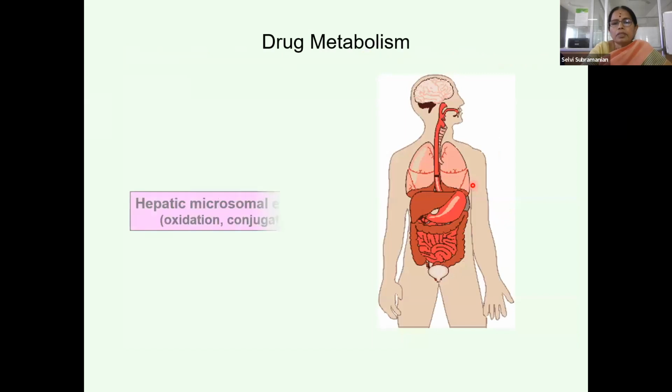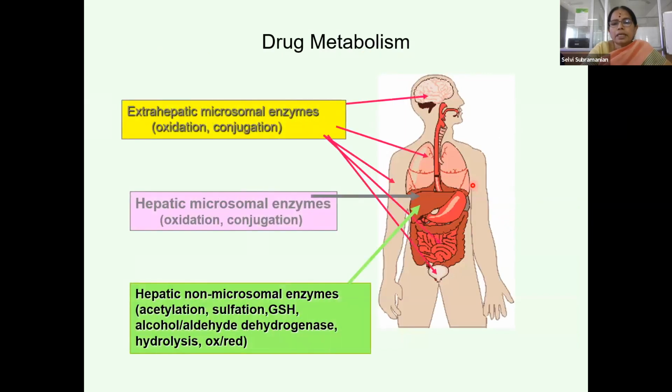So, drug metabolism. The drug metabolizers are present in various parts of the body. They are nothing but enzymes. These enzymes are useful in converting the prodrug into an active drug, or sometimes, once it is done, it may be toxic to the other cells, so you have to convert it to an inactive form so that it will be excreted outside the system.